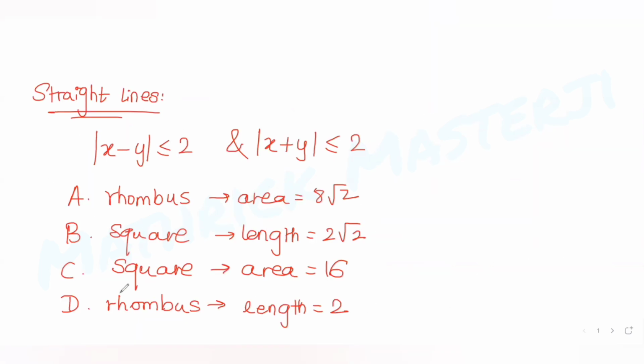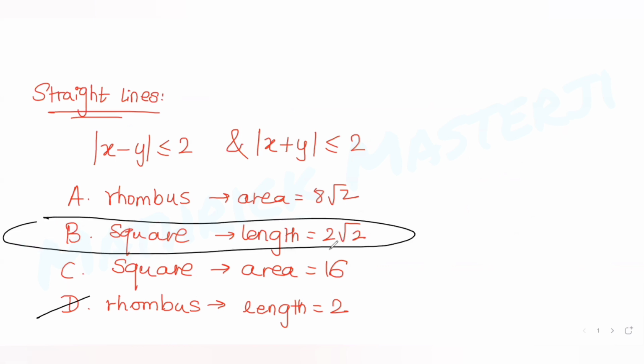So I have got the side of the square as 2 root 2, because area becomes side square, which is 8. And that is not present. It is given to us that the square has area 16, but that's not correct. And we don't have a rhombus, so option A also goes off.